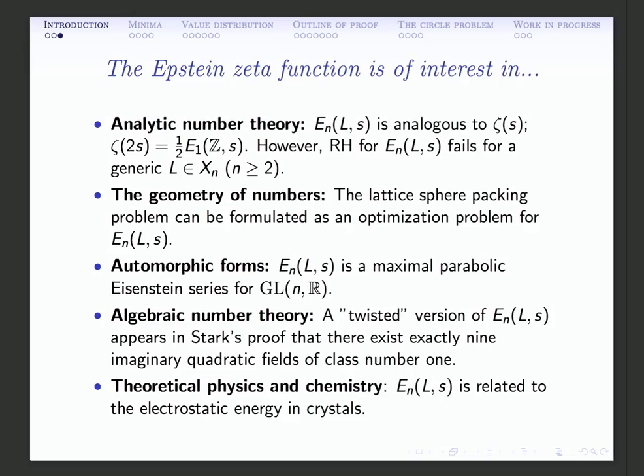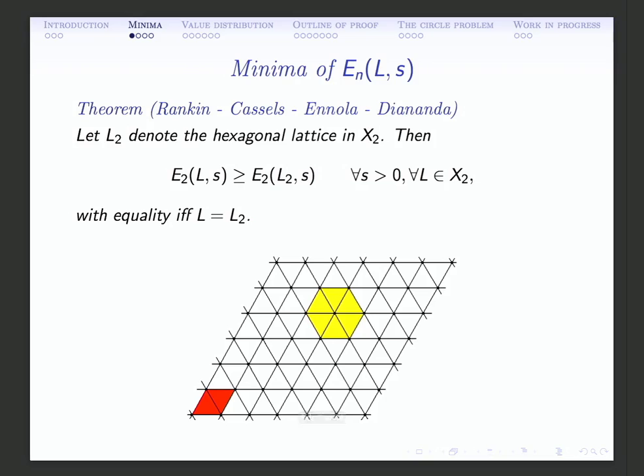Okay, so as I already pointed out, there is this relation between the sphere packing problem and the minima of the Epstein zeta function. To make that even clearer, I have this theorem of Rankin, Cassels, Ennola, and Diananda.